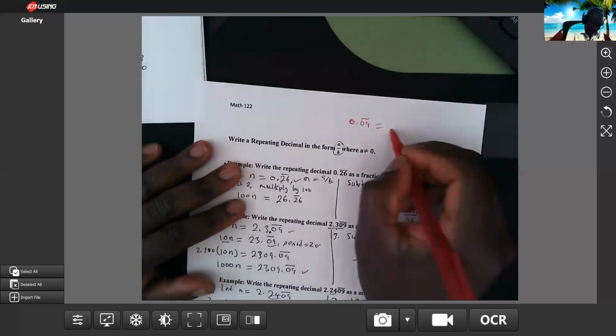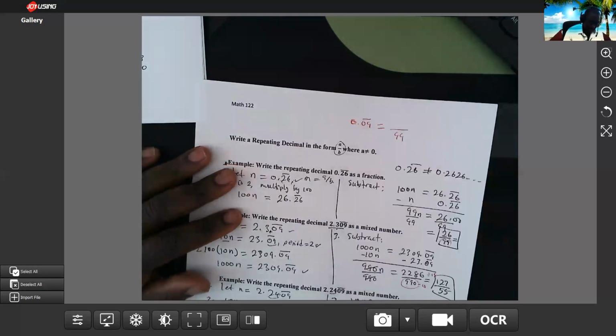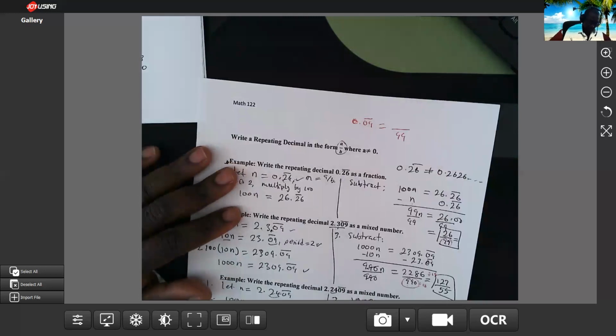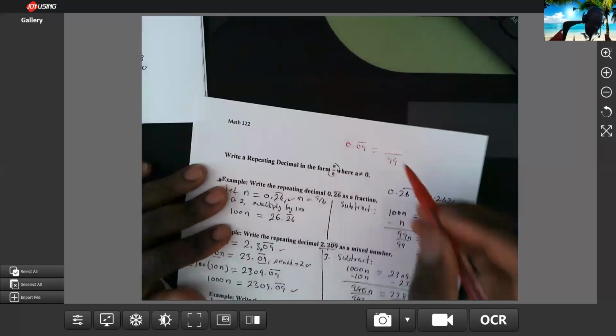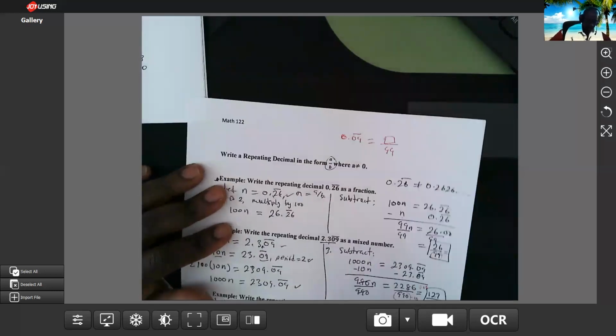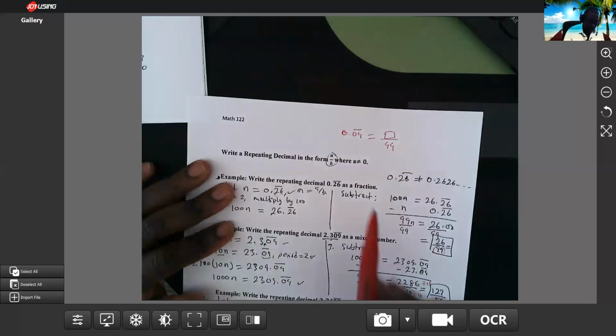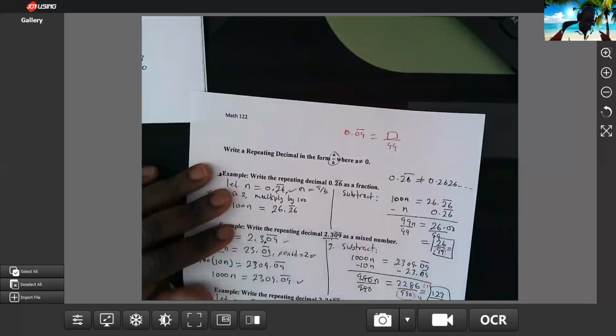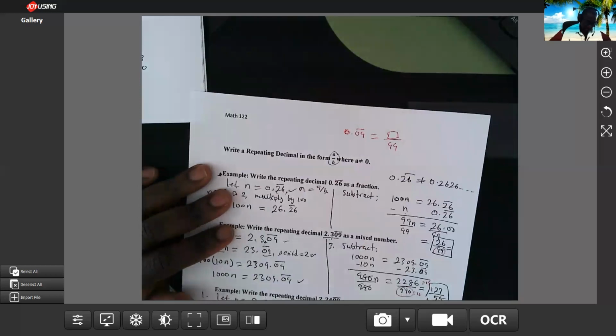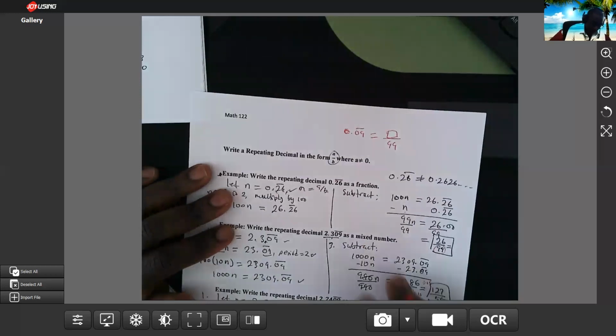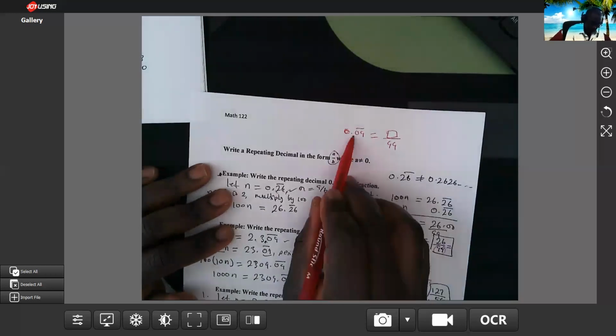The denominator will be just 99, because there is no digit before the repeating decimal part.